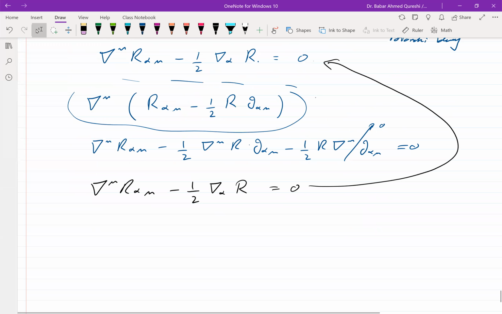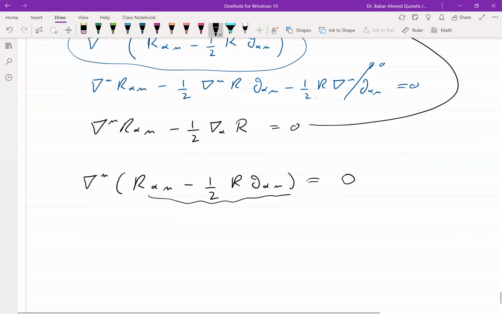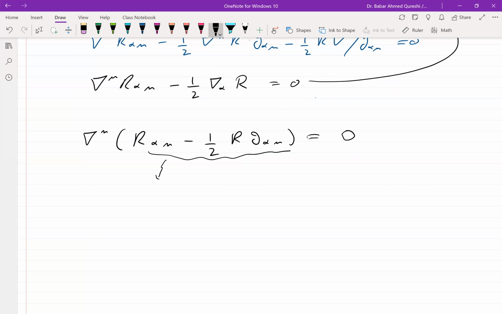So another way to write the twice contracted Bianchi is just this. Take this particular combination and take the covariant derivative of it. And that should be equal to 0. This particular combination, there's a Ricci tensor here, Ricci scalar here, combined with the metric to give it the two tensor structure.